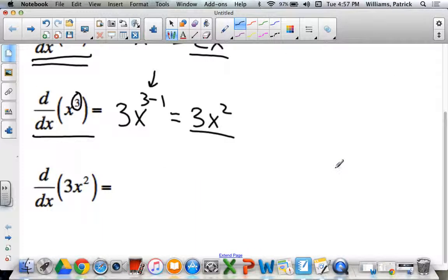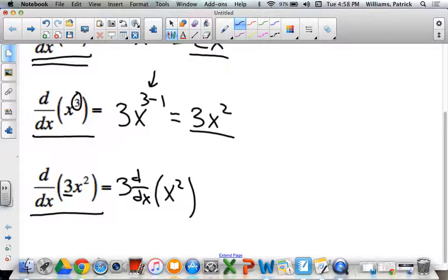But the next thing about them is you'll see that if we look at this case, evaluating the derivative of 3x squared, when we have a constant out in front right here, basically we can just pull that constant out and then take the derivative of whatever the function is. So in this case, we can say this is exactly the same as 3 times the derivative of x squared.